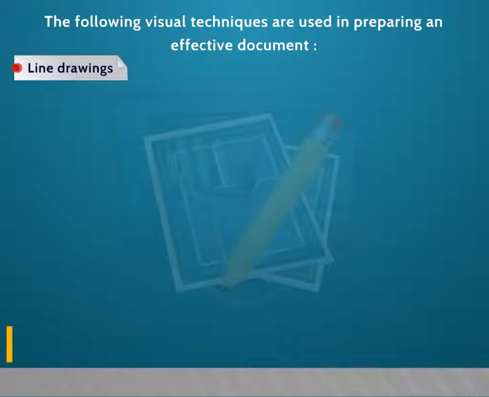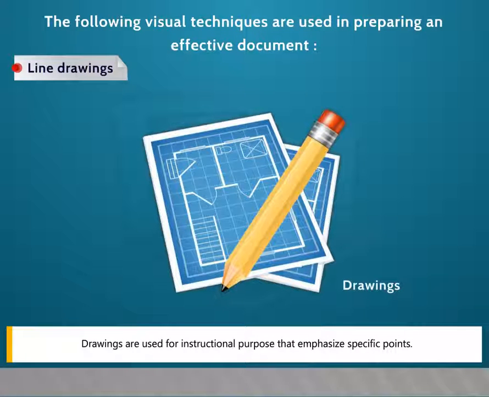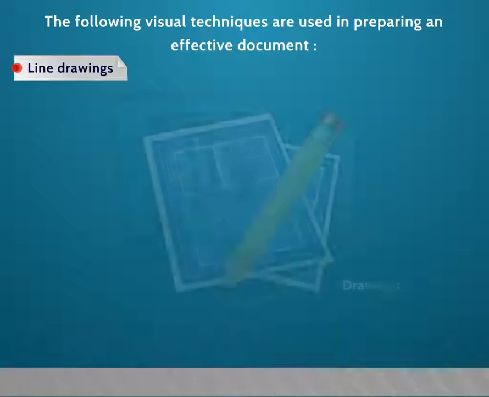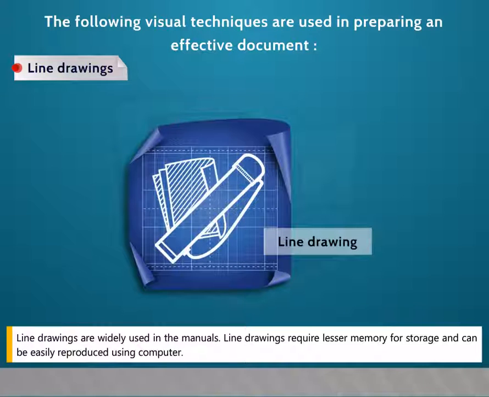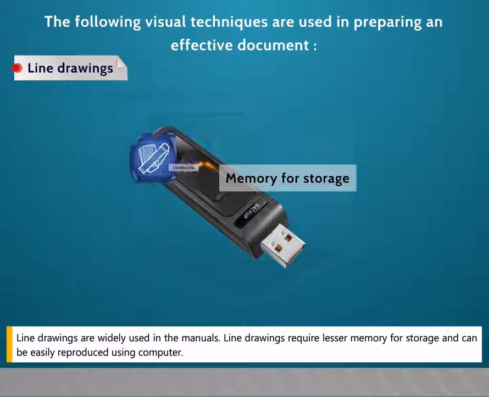Line drawings. Drawings are used for instructional purposes that emphasize specific points. Line drawings are widely used in manuals. Line drawings require less memory for storage and can be easily reproduced using a computer.